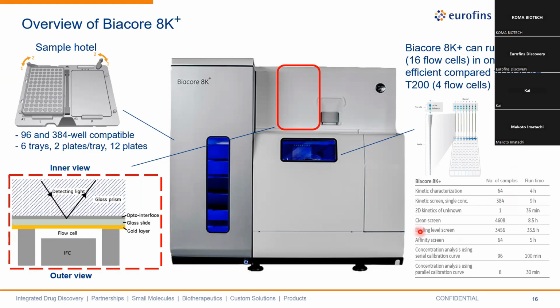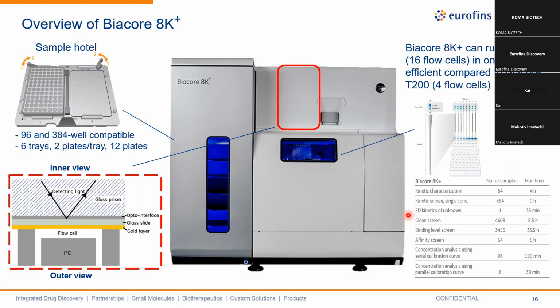For binding level screening, with only a single dose, we can screen about 3,000 samples within 1 to 2 days. Affinity screening uses multiple concentrations. We usually do 5 to 8 concentrations, right? And then you can finish 4 samples for confirmation of a multiple dose titration experiment within 5 hours. So that's how powerful the Biacore AK+ is.